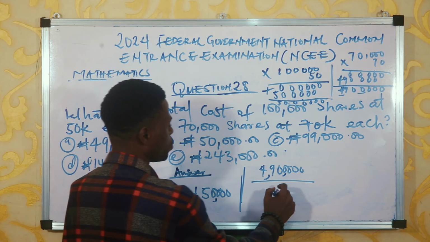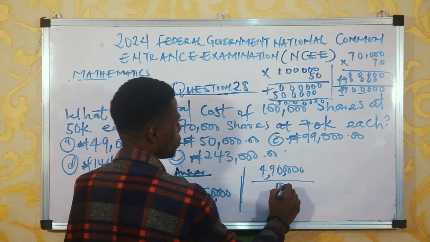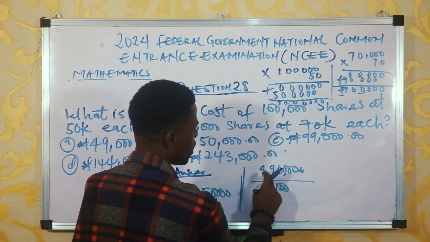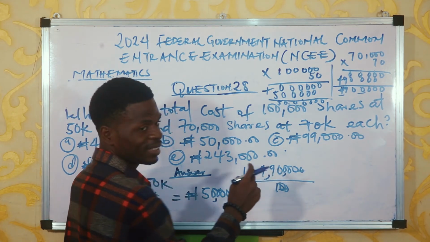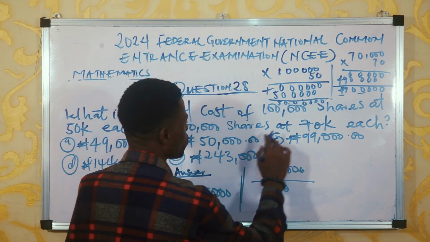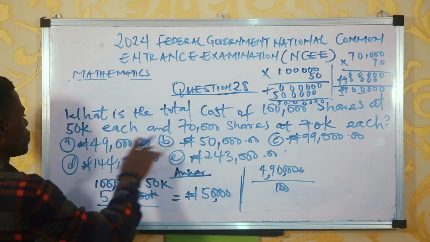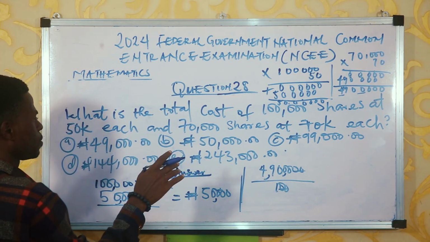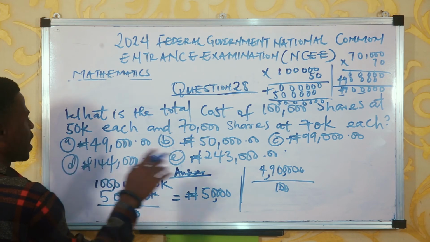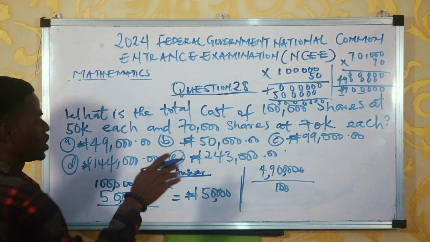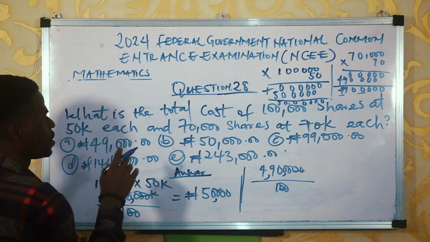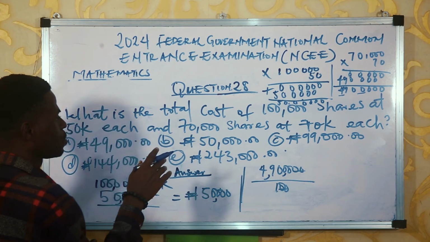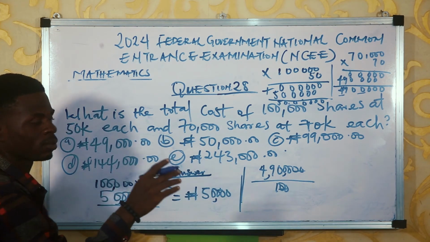So we have to convert it to naira by dividing by 100. So 0 cancels this 0, and we now have 49,000. The question says we are looking for the total cost of the shares together, both the one of 100,000 and the one of 70,000.